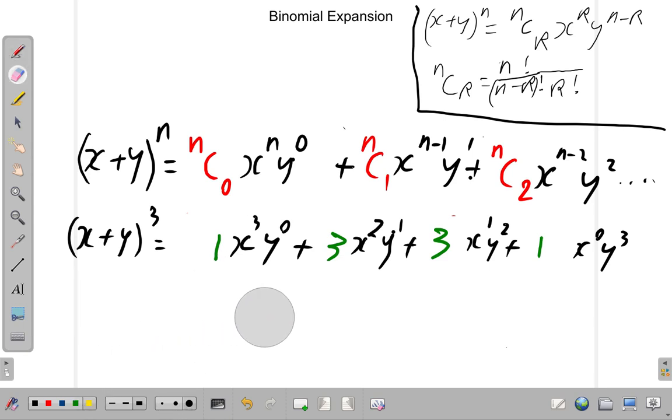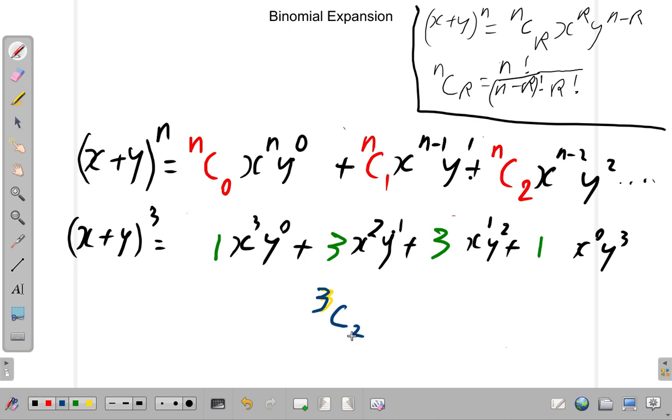Let's look at the next part of the expression, 3x squared y to the 1. What does this mean? You have 3 items available.